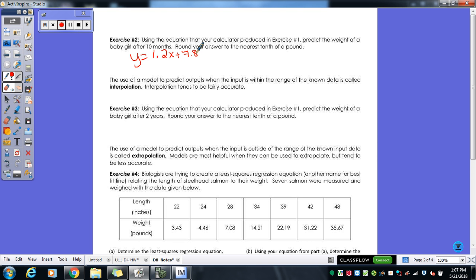Yeah, you're right. So 10 months. We'll put the 10 in for the x because age was our x value. So let's figure out what a 10-month-old baby should weigh. 19.8.